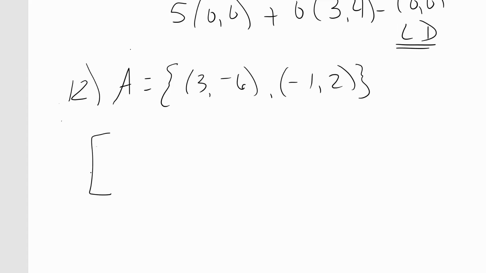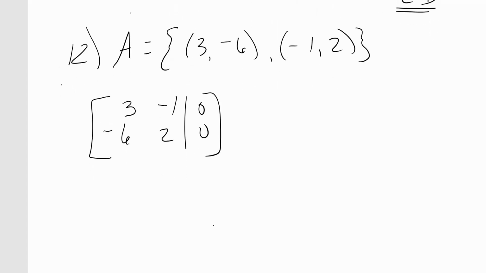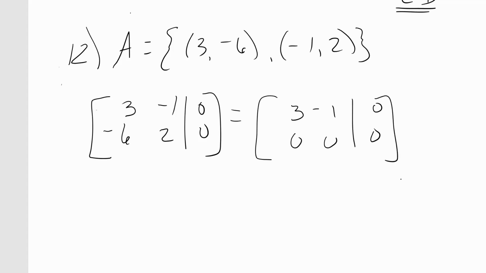What we're going to do is put it into a matrix. Again, because we're dealing with vectors, we put them in as columns. And what are we looking to get out? We're looking to get out zeros. So now let's row reduce this. When I do, I get [3, -1, 0] over [0, 0, 0]. What did I do? Row 2 plus 2 row 1.